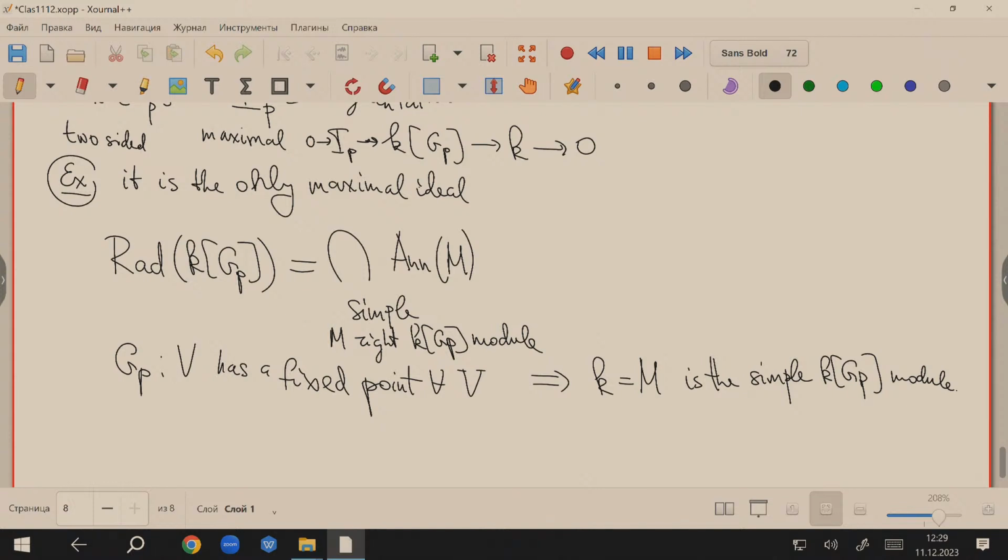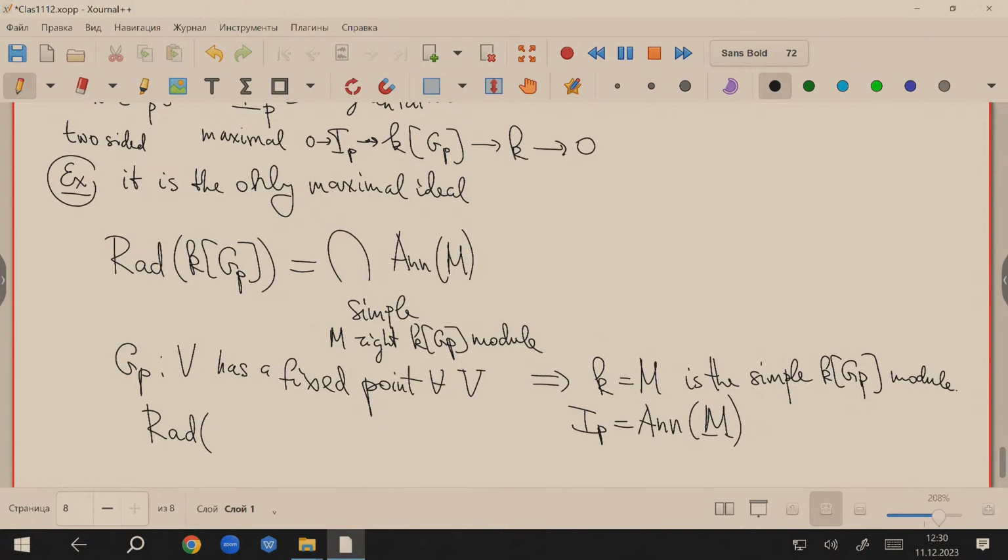And annihilators of irreducible representations are maximal ideals, two-sided maximal ideals. So actually, you see that this radical is just the augmentation ideal I, which is precisely the annihilator of K. So I can be identified with the annihilator of this one-dimensional module.